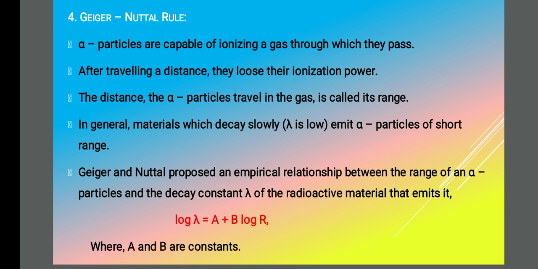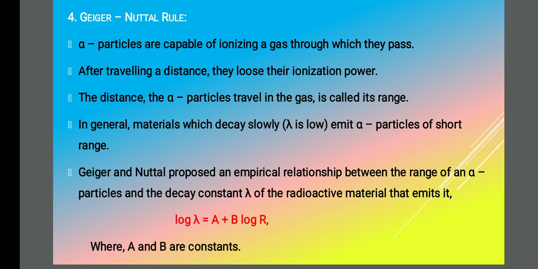I'll say the equation. You have a correlation between range and decay constant given as log lambda is equal to A plus B log R. I'll repeat, log lambda is equal to A plus B log R. So this empirical relationship was given by Geiger and Nuttall.